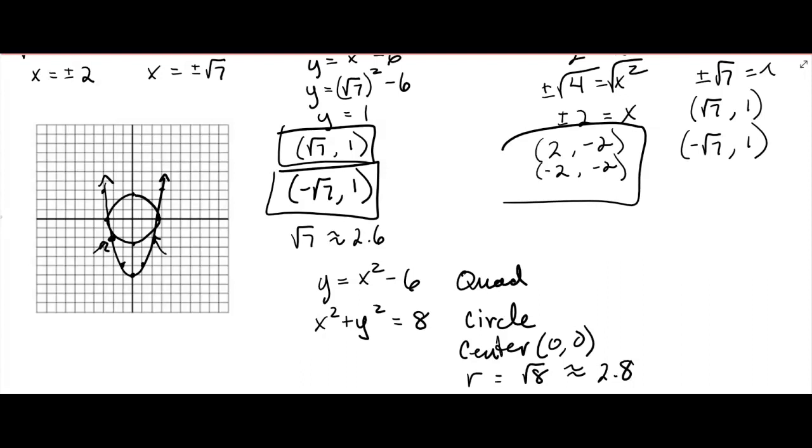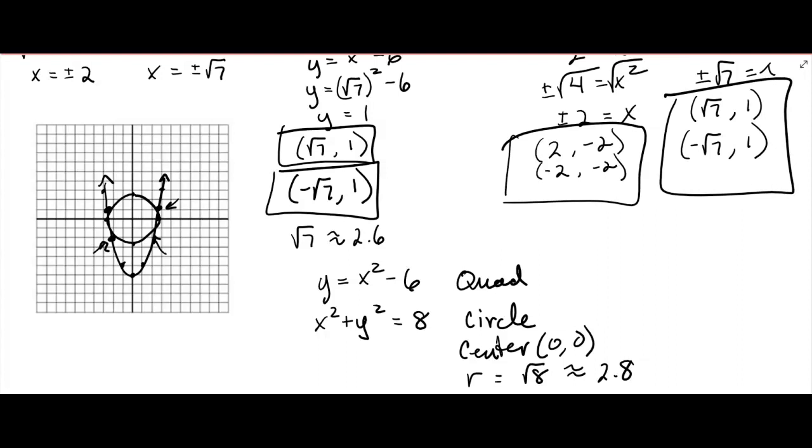And then the square root of 7, which we said was 2.61, which is about there. Okay, that kind of looks right. And then -2.61, which is about there. That one looks off a little more, but it's in the ballpark. These are the answers. So you would list all 4 of those ordered pairs.